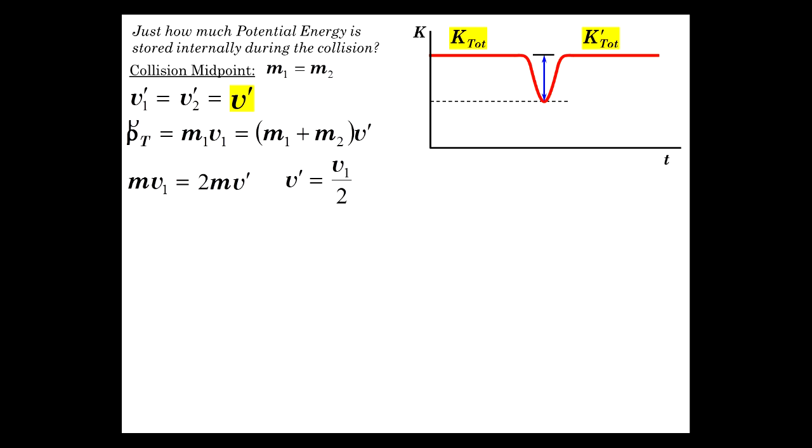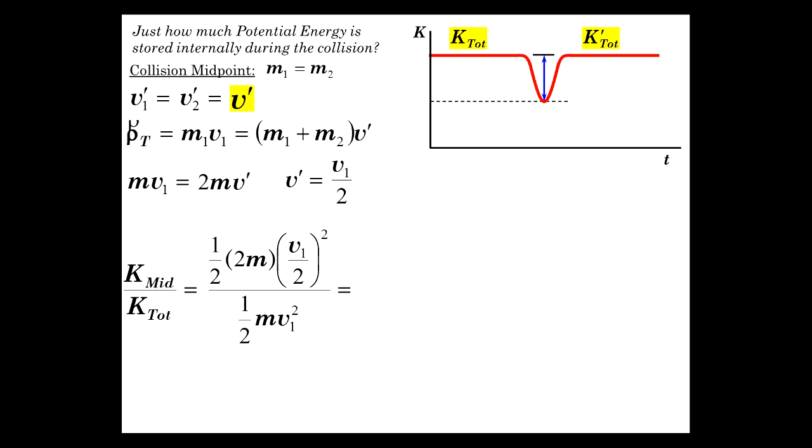So now we're just going to look at the kinetic energies. We look at the kinetic energy in the middle, look at the kinetic energy total, relate those two, see what that relationship is, and that'll give us the answer. Well, here it is. 1/2 of, at the midpoint, both carts, 2m, half of the speed squared over 1/2 m v1 squared.